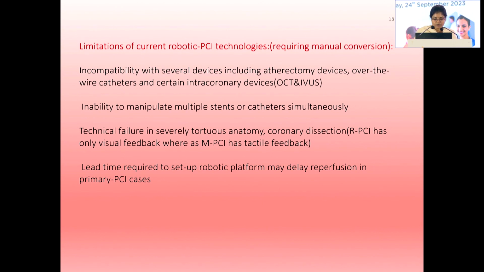And there is technical failure in severely tortuous anatomy and coronary dissections. Here there is a high chance of turning into manual PCI. And sometimes in primary PCI cases, it is difficult to do robotic PCI because of the lead time required to set up the robotic system.